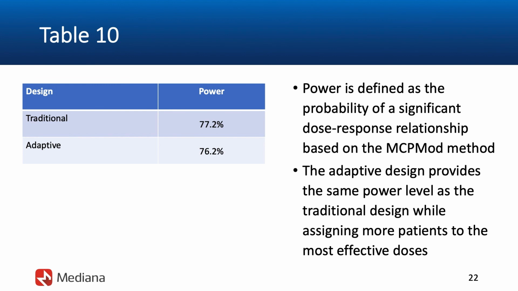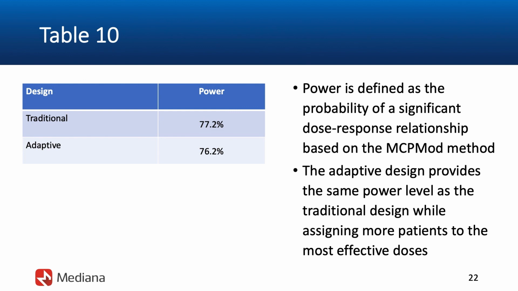The last table of the simulation report, table 10, presents a comparison of the traditional design without adaptive randomization, which relies on a fixed randomization schedule, to the proposed adaptive design. We can see here that the probability of success, overall power, for the two designs is quite comparable: 77.2% for the traditional approach versus 76.2% for the adaptive approach.